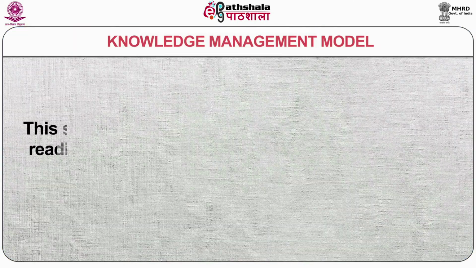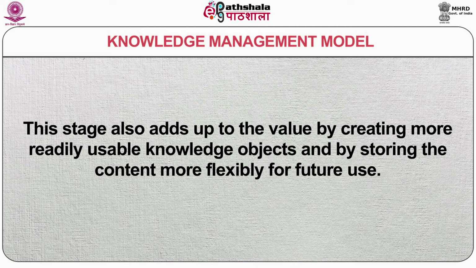Refining also includes cleaning up, like sanitizing content so as to ensure complete anonymity of sources and key players involved, or standardizing, like conforming to templates of a best practice or lessons learned as used within the particular organization. This stage also adds value by creating more readily usable knowledge objects and by storing the content more flexibly for future use.